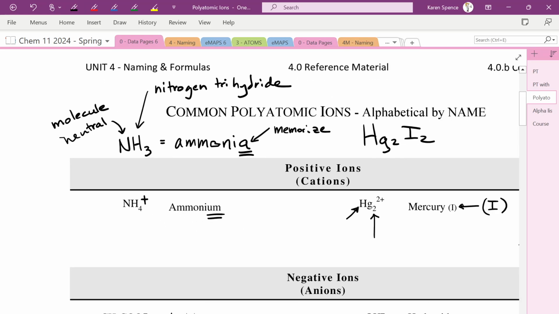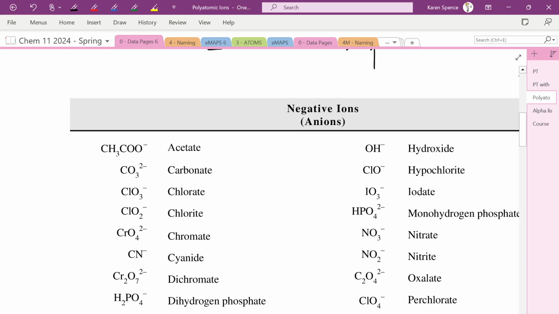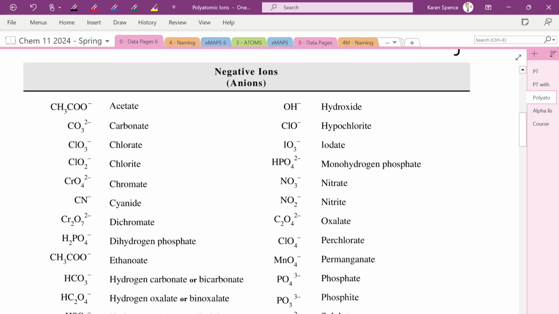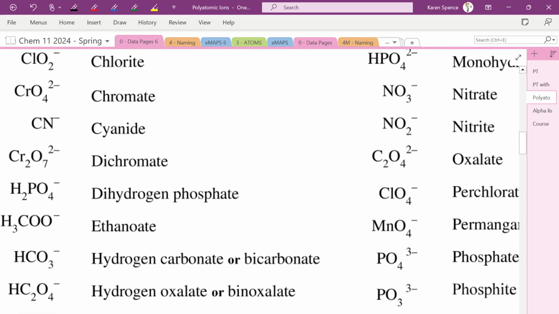All right, negative ions. I'd like you to look through the negative ions and look at the name endings. Look at all the name endings in the negative ions and see what you see. It's probably easier to look at your page rather than mine.